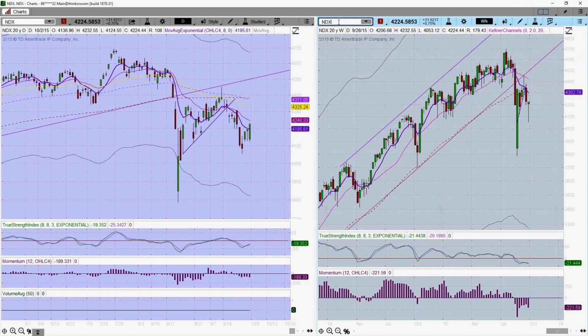Well, my comments are similar to what I've commented on before. We look at the weekly charts here, and we still see some space between current price action and the shorter term weekly moving averages. At some point, that's going to have to be reconciled, and it's reconciled in a couple different ways. As happened at the end of August when price action pulled way away from those moving averages, it came back up to the moving averages on the weekly chart and then started to pull back down again.